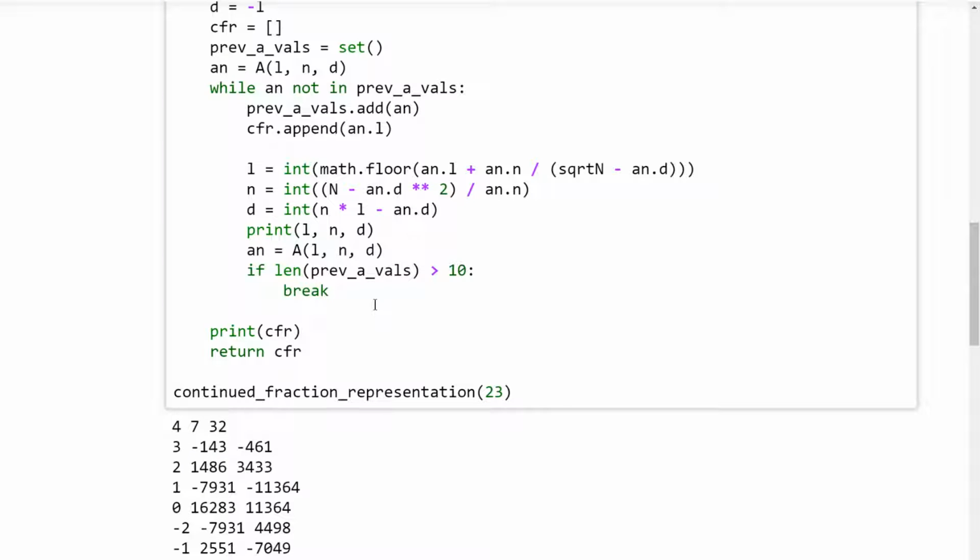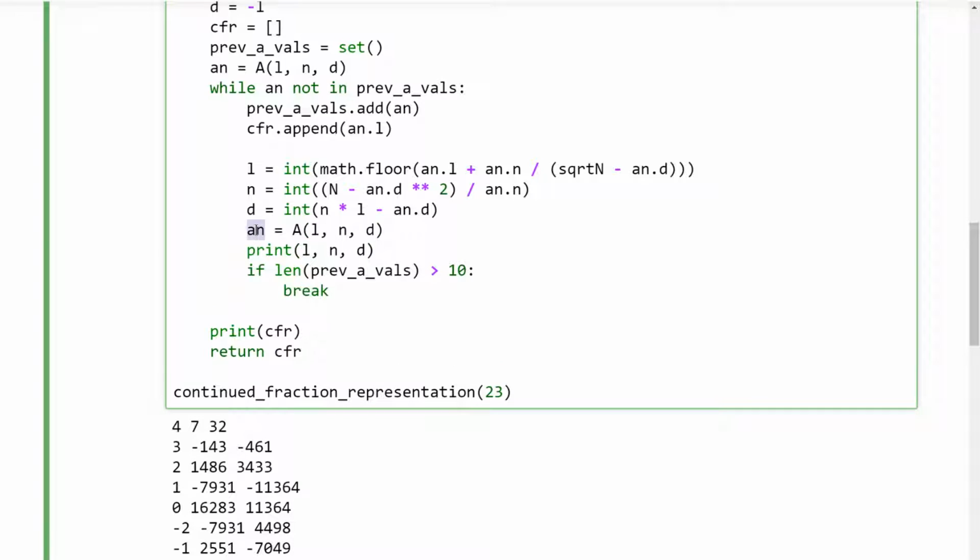Okay, so let's see. I guess I can just do this. It's probably easier to read.